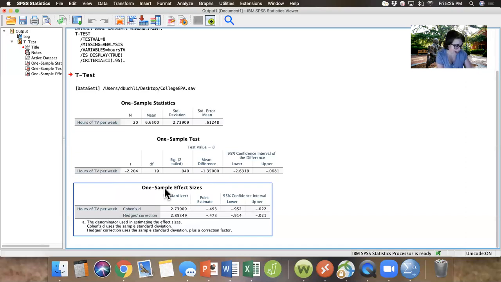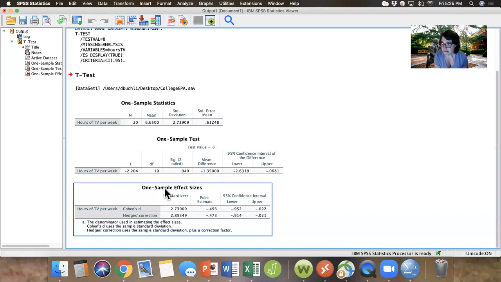So we would say, we hypothesize that students from made-up university watch fewer hours of TV per week than the average college students or students in the US population, okay? And then next we would want to indicate what type of statistical test we have conducted. So we've conducted a one sample t-test, and we would also want to include what we found when we conducted our t-test.